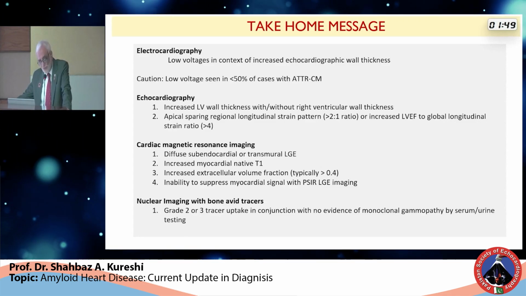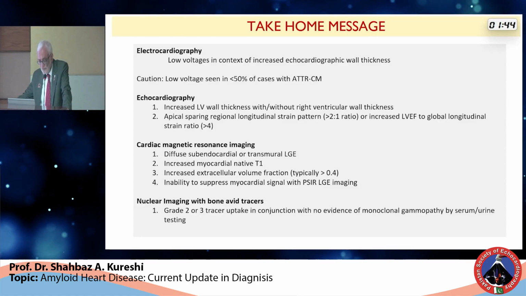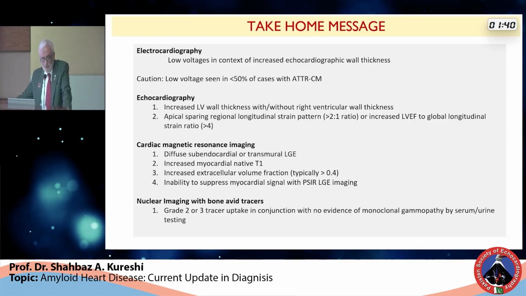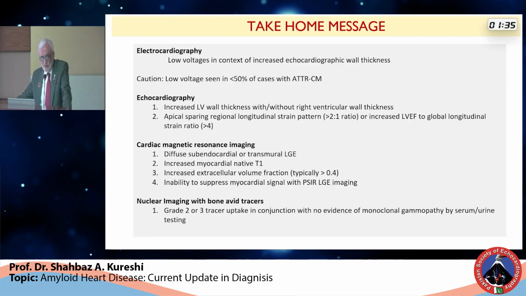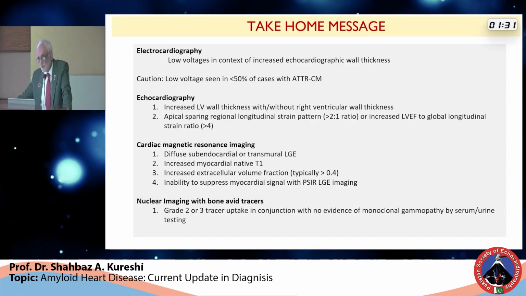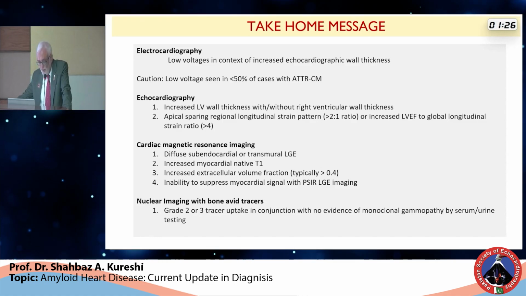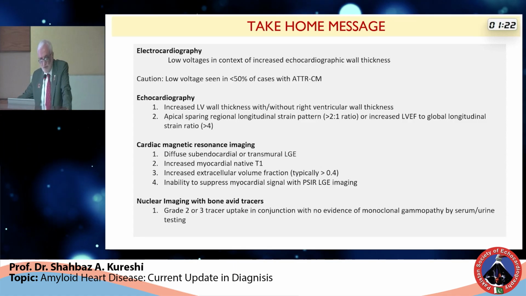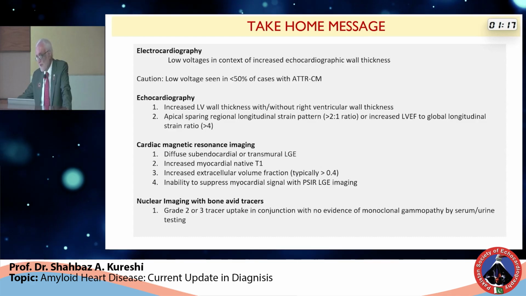There is a granular appearance, which is typical in these patients with amyloidosis, and an apical sparing, because the rest is infiltrated but the apex is spared, giving this apical sparing, or a cherry on the top of the cake. Then in cardiac magnetic resonance imaging, there is a diffuse subendocardial or transmural late gadolinium enhancement.